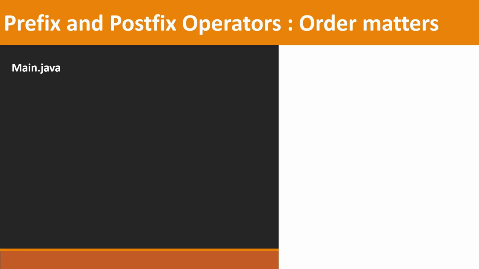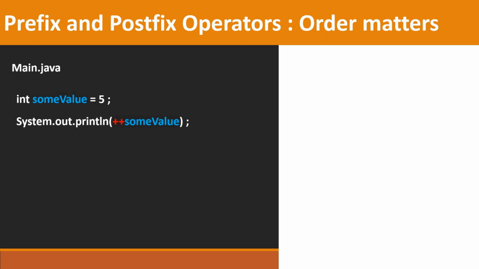So now the best way to understand the difference is to take a look at some code. So let's declare a variable here called SumValue, and we'll initialize it to 5. Then I'm going to print out increment SumValue. So in this case, the increment operator is used as a prefix operator. It's a prefix operator because it appears before the variable.